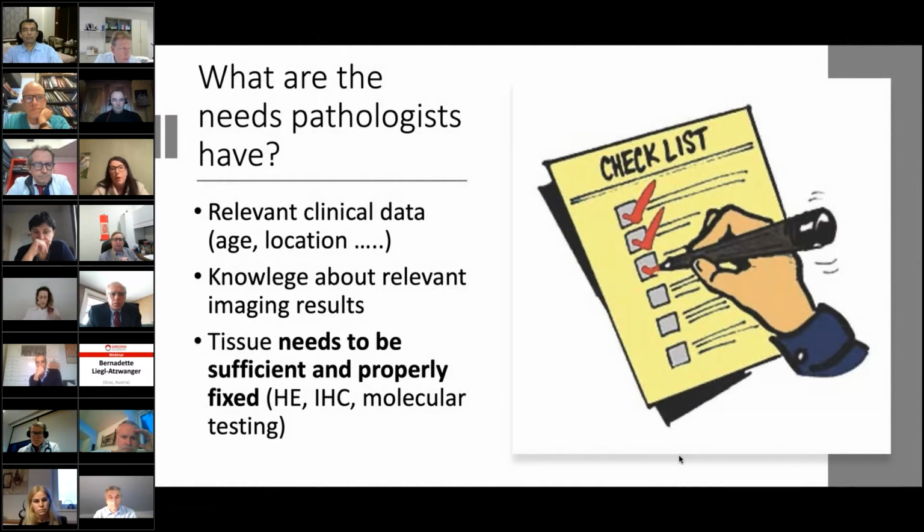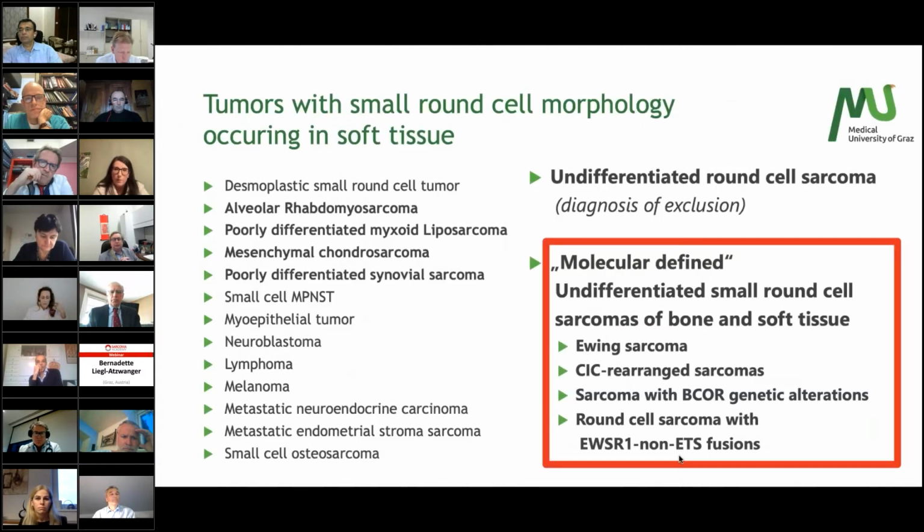And also it is very, very relevant that we get enough and sufficient tissue, because most of the time we do our initial diagnosis on biopsies, and this biopsy tissue must be properly fixed to provide a good diagnosis.